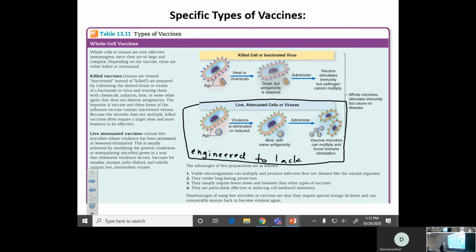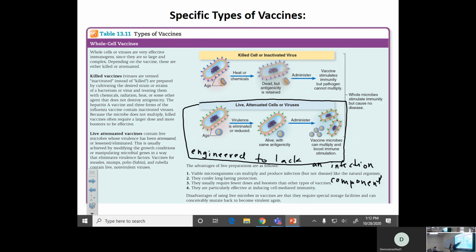The virus has been engineered, or the bacterium has been engineered to lack some kind of infection component. They're lacking something that's really critical for them to actually infect people. We have eliminated or reduced the virulence, but they're technically still alive.